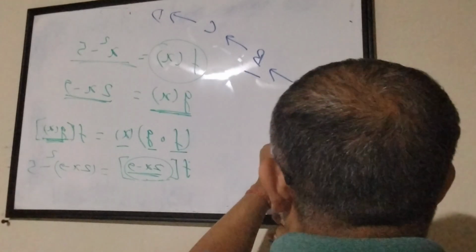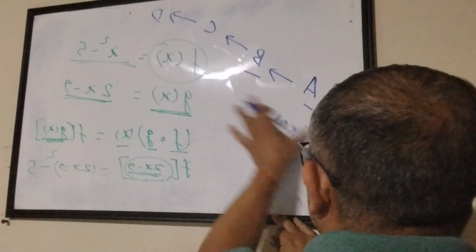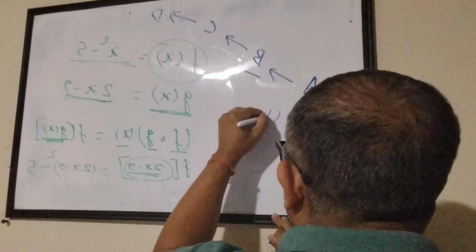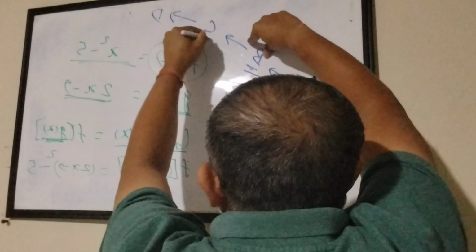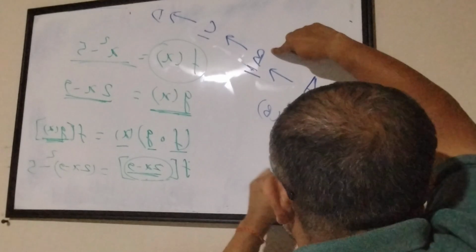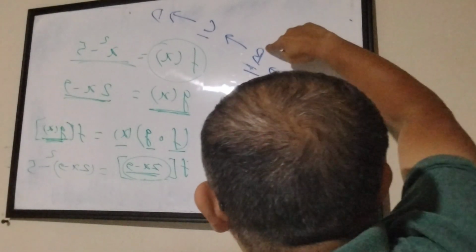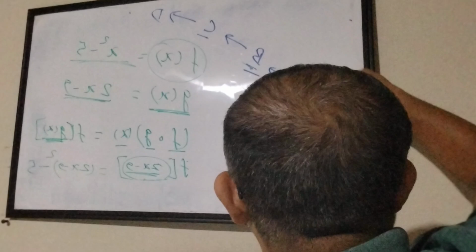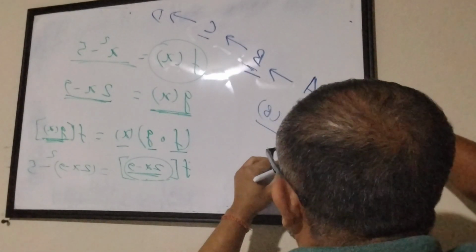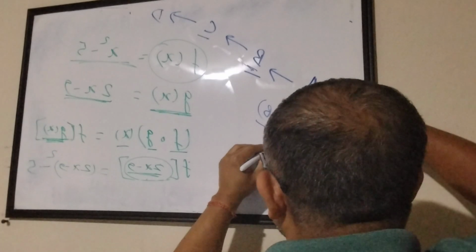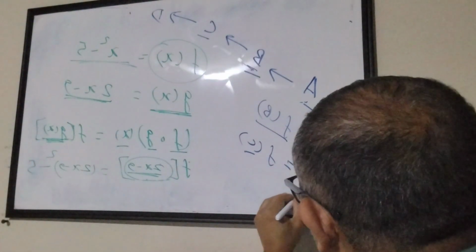A is dependent on B, meaning A is a function of B. Similarly, if I say B is dependent on C, that means B is a function of C. If you have to find the relationship between A and C, what will it become?